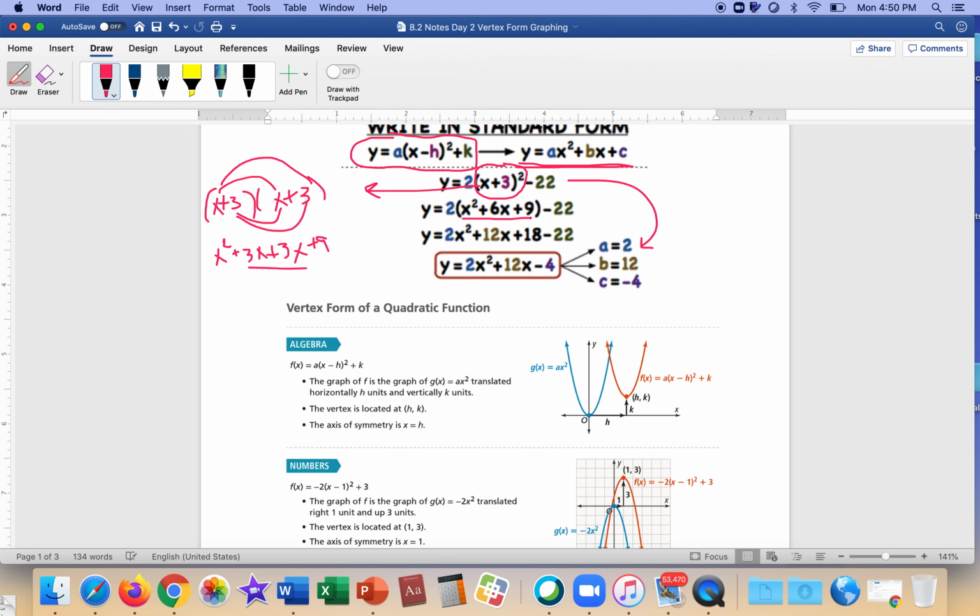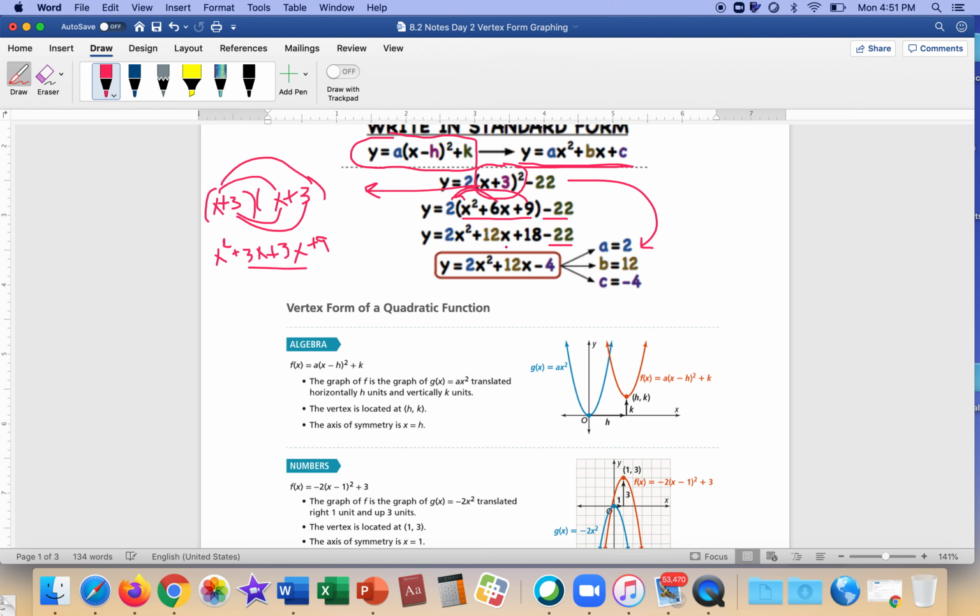And you leave that inside of parentheses. So you did this exponent first. x plus 3 times x plus 3 is x squared plus 6x plus 9. And then you distribute in the 2. So in PEMDAS, then it's multiplication. So you got 2x squared, 2 times 6x is 12x, 2 times 9 is 18. And then you had this negative 22 hanging outside.